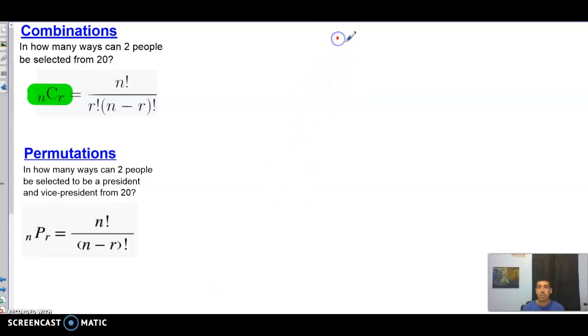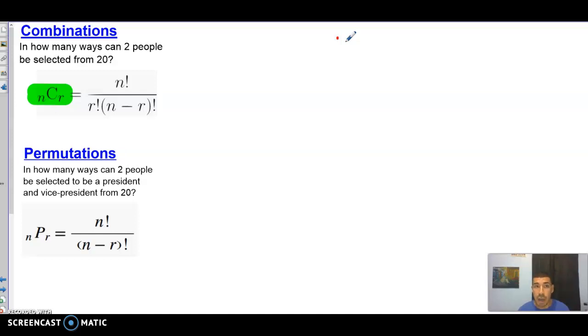Okay, class, today we will be going over combinations and permutations. In fact, we've already done combinations yesterday, so the very first example will be like a review. But today we will begin permutations. A lot of people get these two confused because they're very similar. In fact, the difference is this. Combinations, the order does not matter.